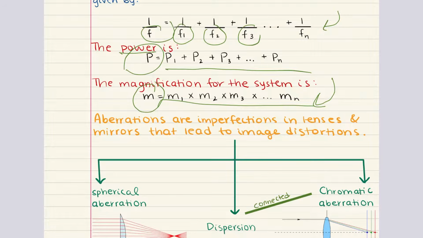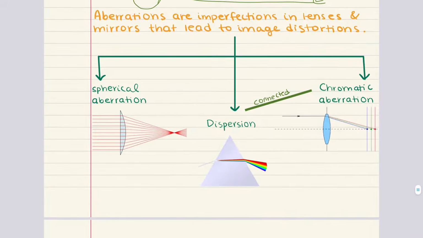Now, it's important to note that multiple lens systems, like single lenses, are not without imperfections. Aberrations are a common issue in both lenses and mirrors that cause image distortion. There are two main types of aberrations that we should be aware of: spherical aberrations and chromatic aberrations.